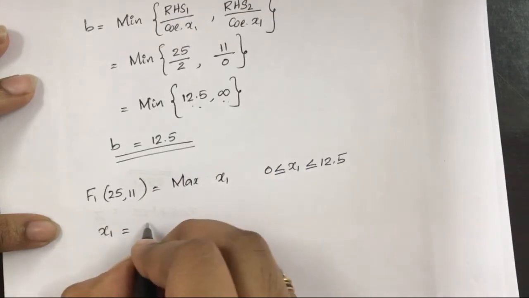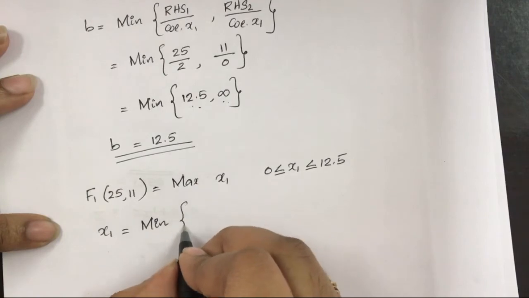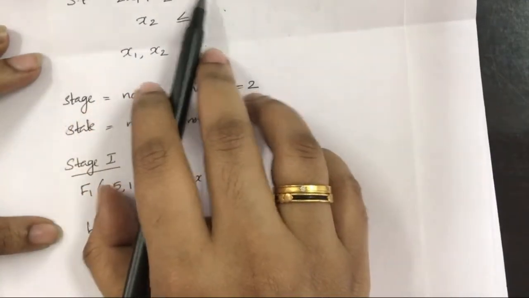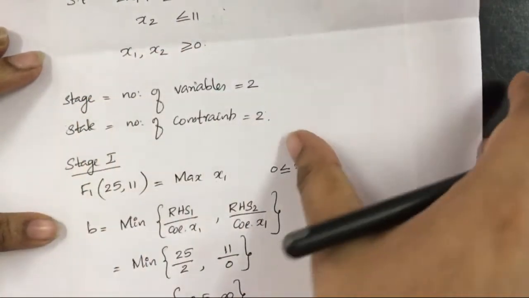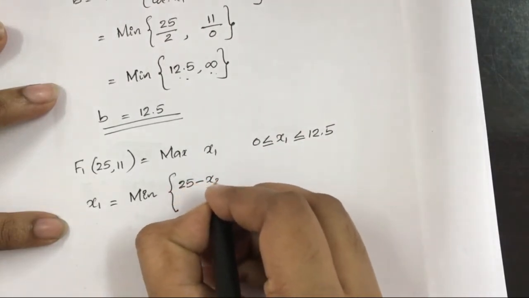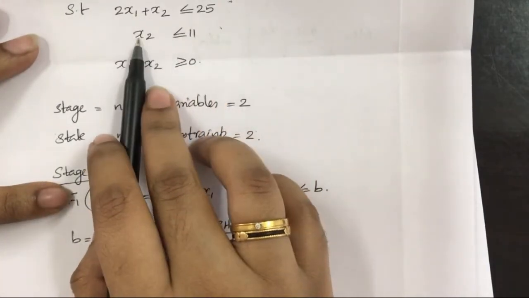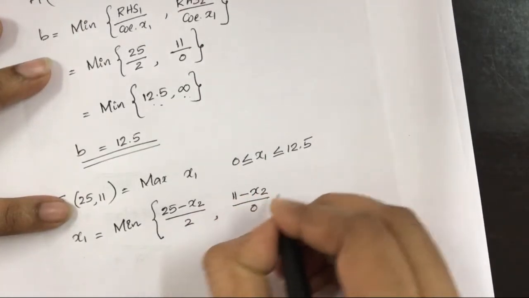Now we are going to solve x1. x1 is equal to minimum of, what is the equation of x1 from first constraint? x1 is equal to 25 minus x2 divided by 2 comma second, there is no term of x1, that is 11 minus x2 divided by 0.